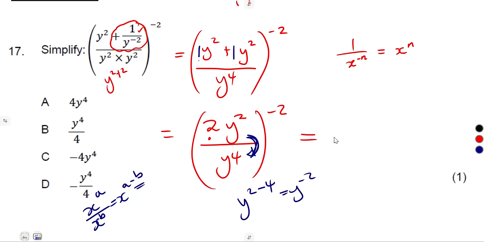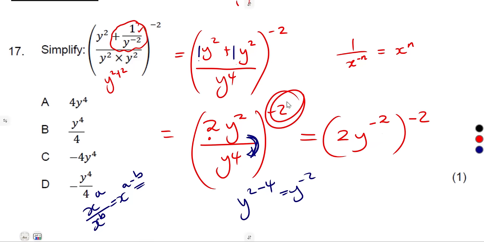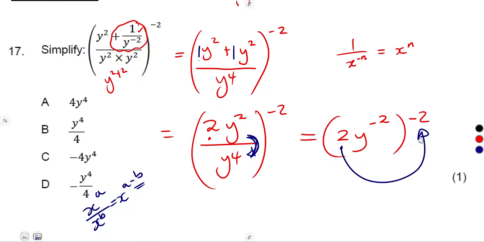So it was going to be 2y to the exponent of -2, but everything raised to that exponent of -2 that we see here, it is for everything that we have. So this is what we have: a number to the exponent, the term also to the exponent. To get rid of the bracket, everything must be raised to the exponent of what we see there.